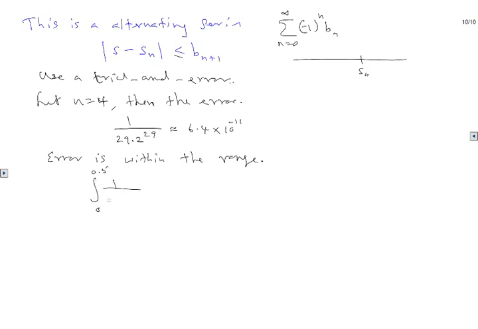So the integral of 1 over (1 plus x to the 7) dx is approximately equal to 1/2 minus 1 over 8 times 2 to the 8 plus 1 over 15 times 2 to the 15 minus 1 over 22 times 2 to the 22.